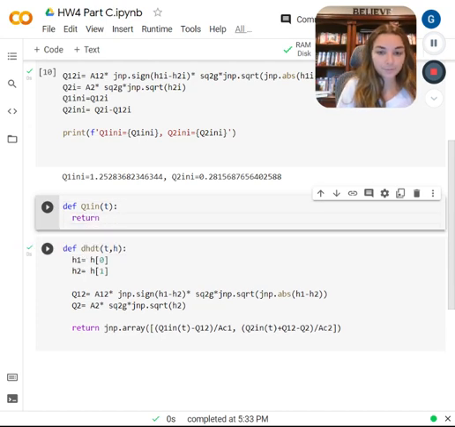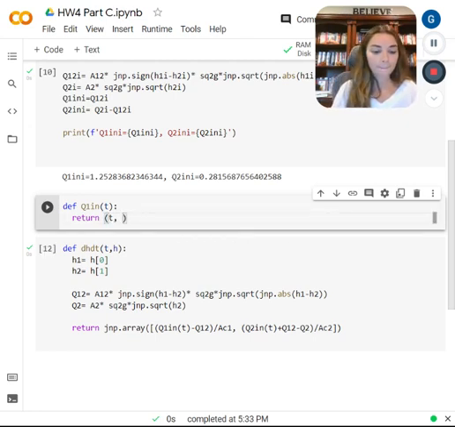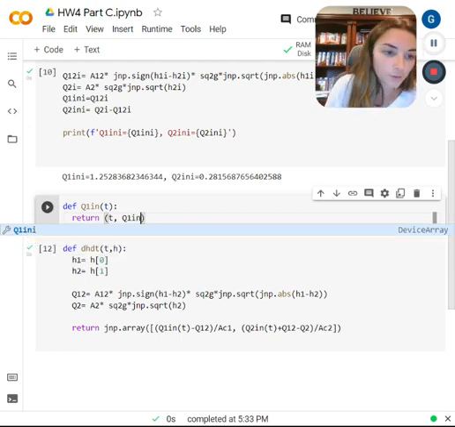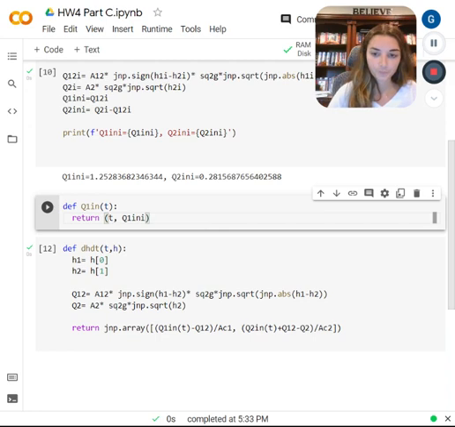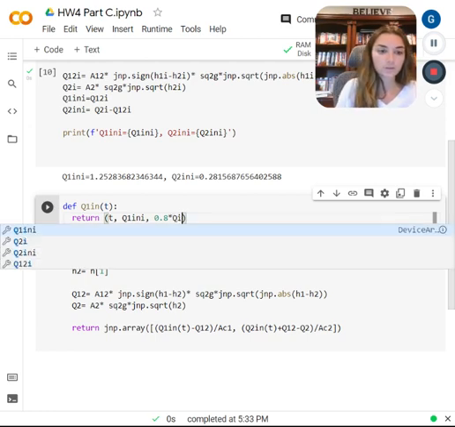We want to return the time, our initial flow rate of tank 1, 0.8 times our initial flow rate of tank 1.